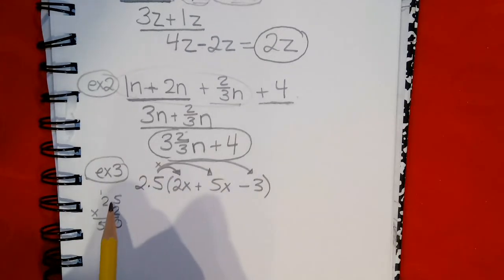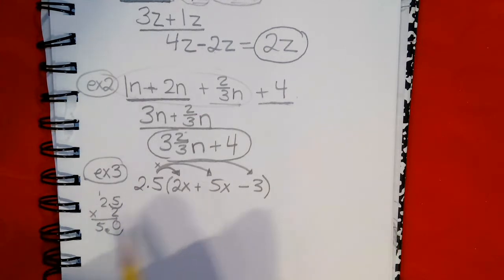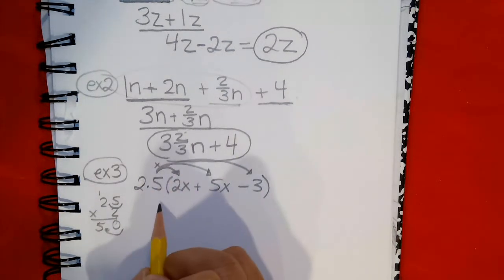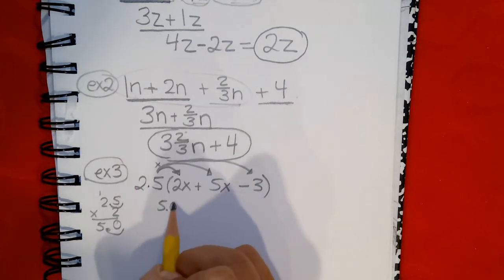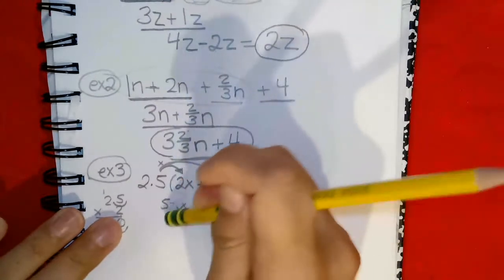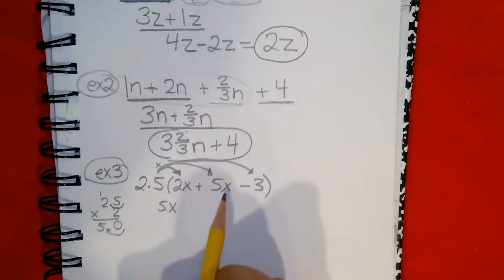I count the number of places to the right, and I put my decimal point back in. So for this term, when I distribute this, I'm going to get 5.0. I can write 5.0x or just 5x. It's the same thing. 5x.